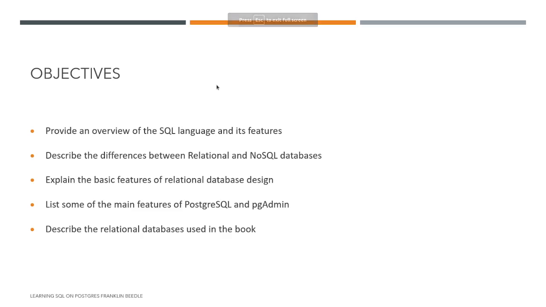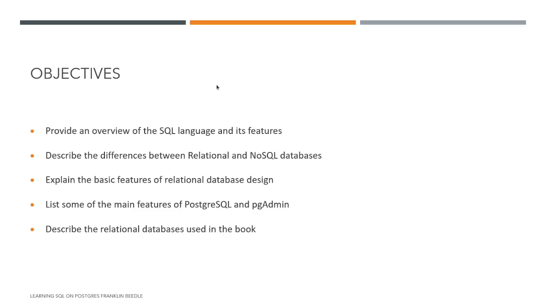These are the things that the first chapter does. It provides an overview of the SQL language, describes the difference between relational and NoSQL databases, explains the basic features of relational database design, lists some of the main features of PostgreSQL and PGAdmin, and describes the relational databases used in the book.